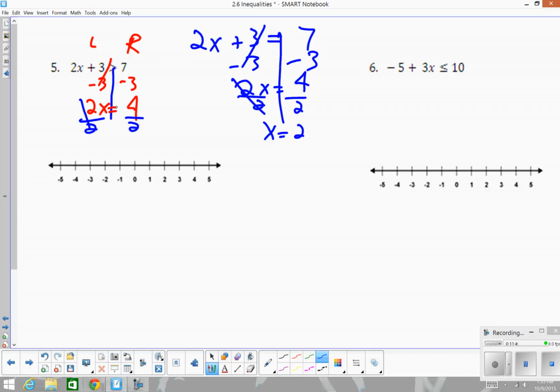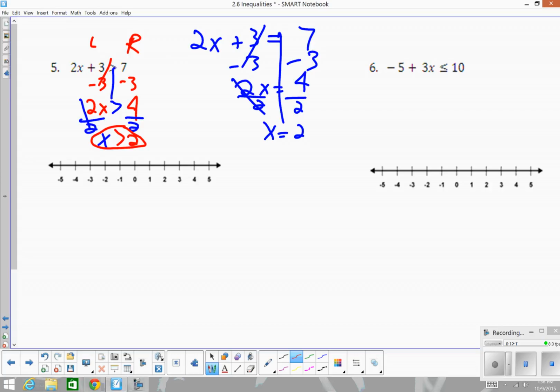And I'm left with x. Now, here I wrote equals, but what should it be? It should be my greater than. Then you're just going to write x is greater than, what? 4 divided by 2 is 2. So now I have this inequality.